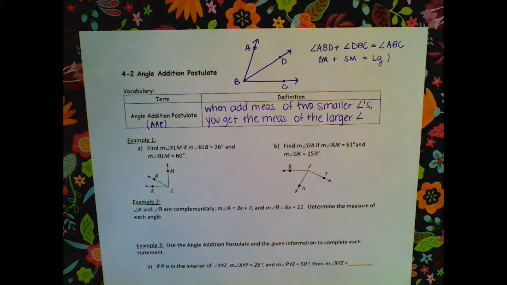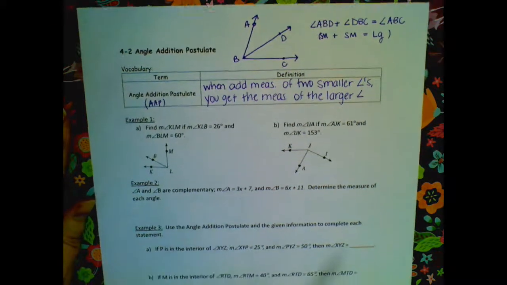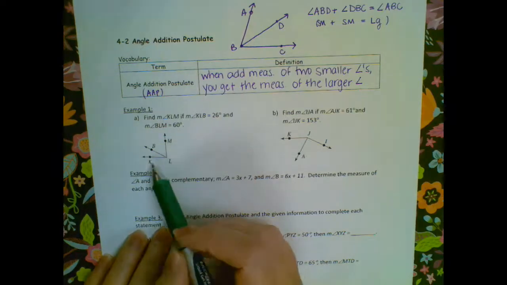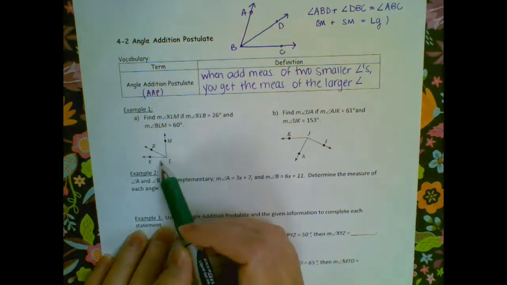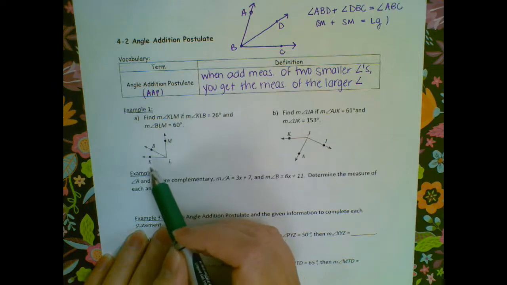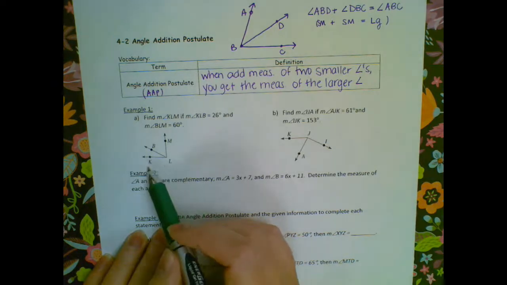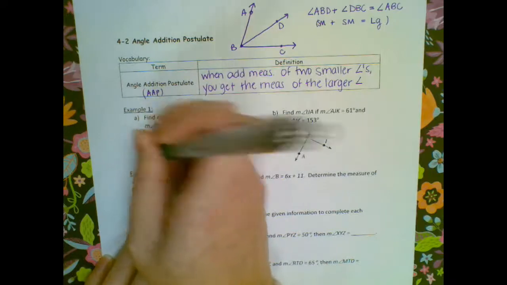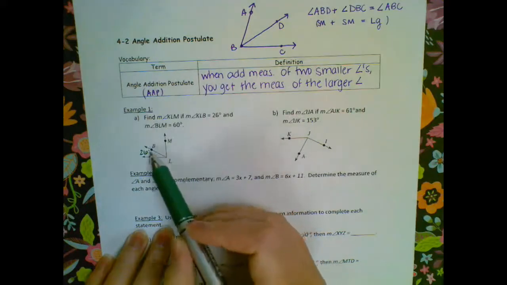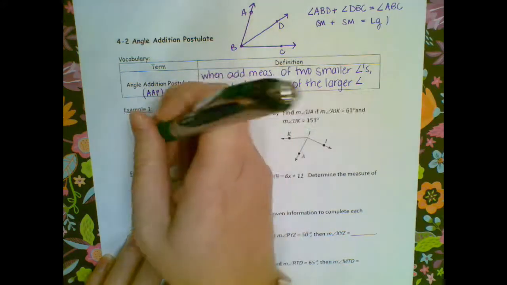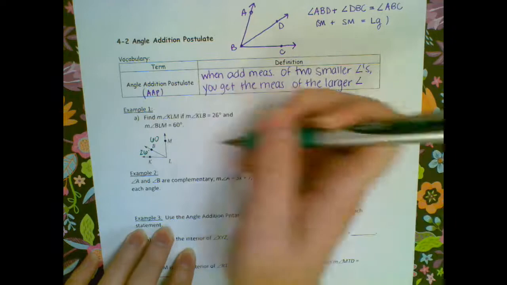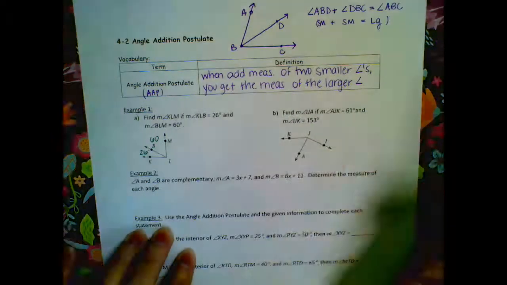So if we look at this very first example, we want to find the measure of KLM, this whole entire big angle. If we know that KLB, this one on the bottom, is 26 degrees, I'm going to put 26 in there, and we know that BLM, this top angle, is 60. Well, to find the measure, we know that the two parts should make a whole.